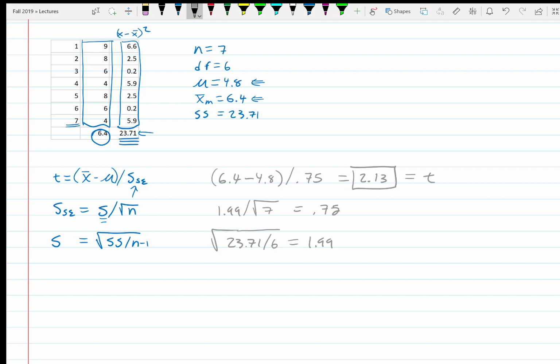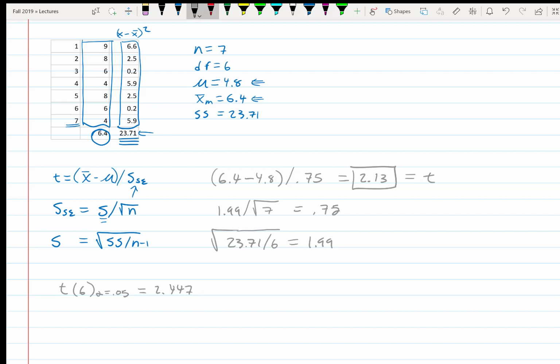Okay, now we have to find the critical value for t. And we write that down as follows. We're going to write critical value for t at 6 degrees of freedom. We have n minus 1 degrees of freedom. There are 7 cases, so n minus 1 is 6. For alpha equals 0.05, it equals 2.447.